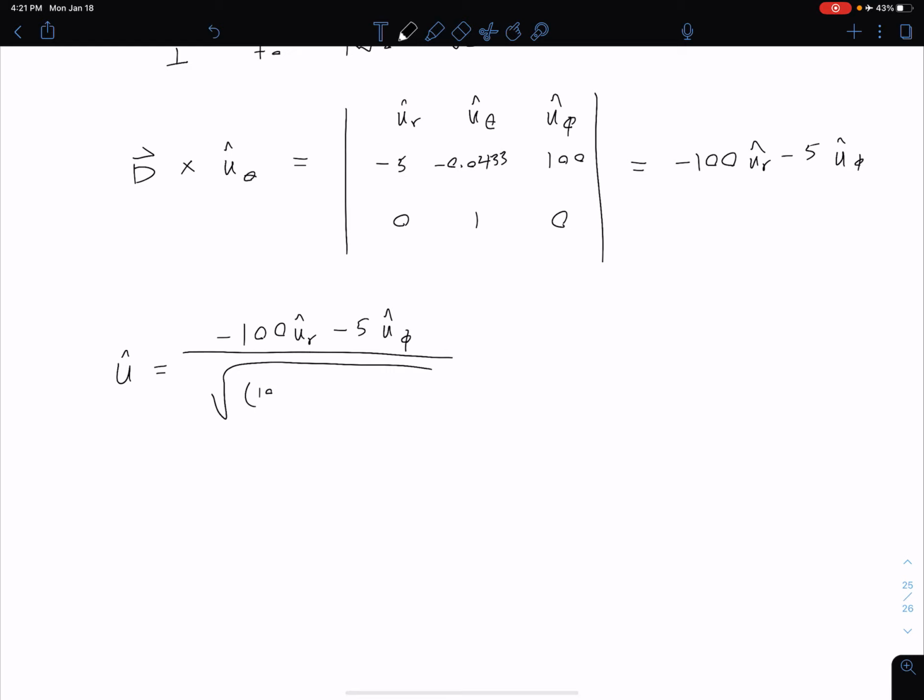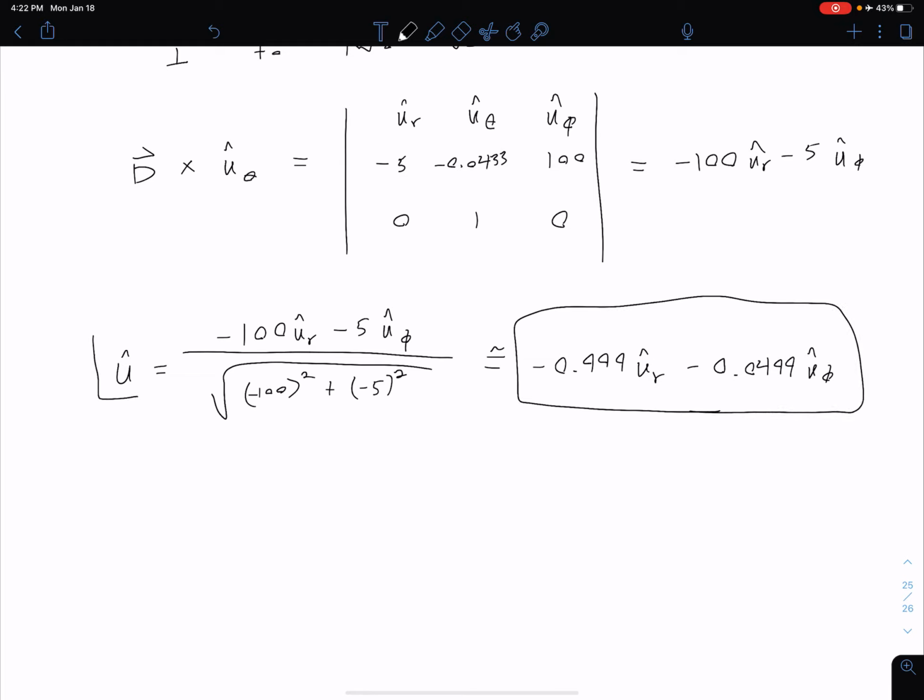So we have -100 squared plus -5 squared, and then the square root of all of that. We get that that is approximately -0.999 in our r direction, minus 0.0499 in our phi direction. And that is our answer for part 3, and that concludes our second unit on coordinate systems.